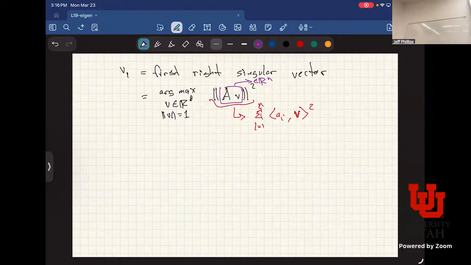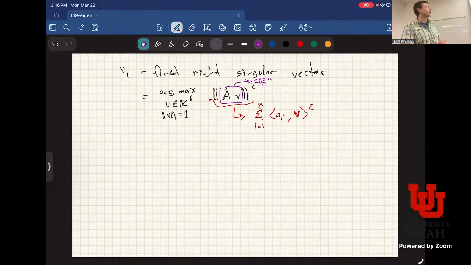So A times V will give me a point in R^n. When I take the squared norm of that vector, I'm going to take all those entries in that vector and square them and add them up. Well, that's exactly what this red expression is doing. All those entries in the vector are V times the first row, V times the second row, and I could write them down and add them up. Well, the norm is just doing this all at once.